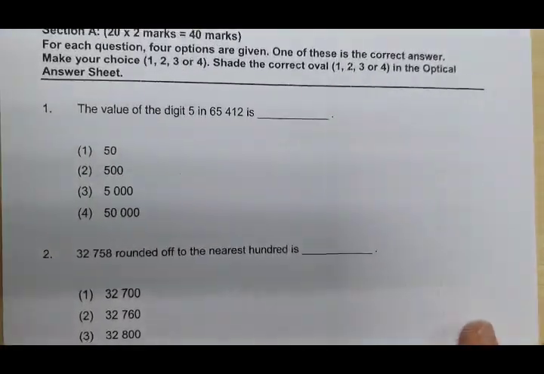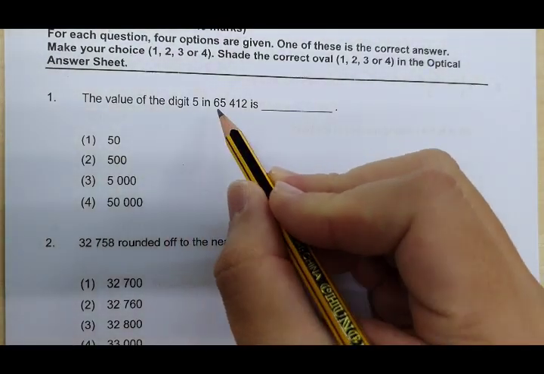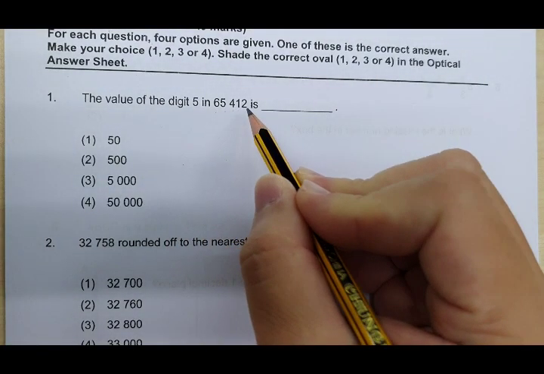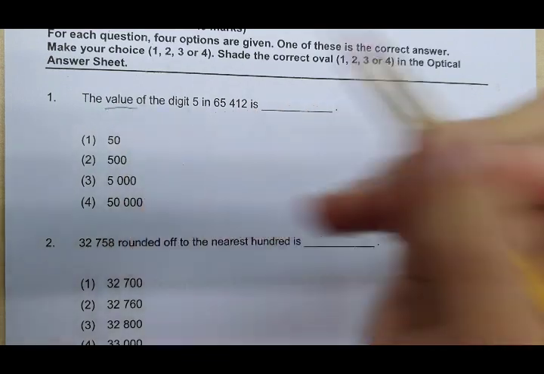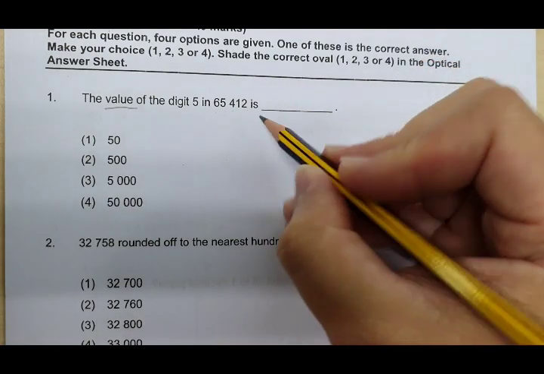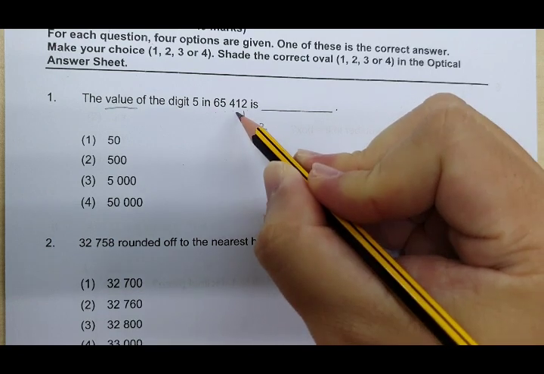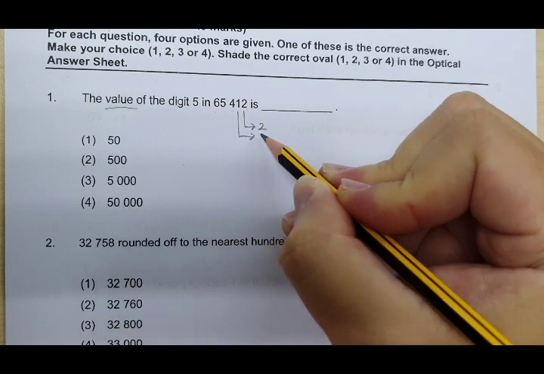For the first question, the value of the digit 5 in 65,412. We had to look at the word values, alright, and try to understand and recall what are the place values that you have learned earlier this year. The digit 2 has a value of 2. The digit 1 has a value of 10.